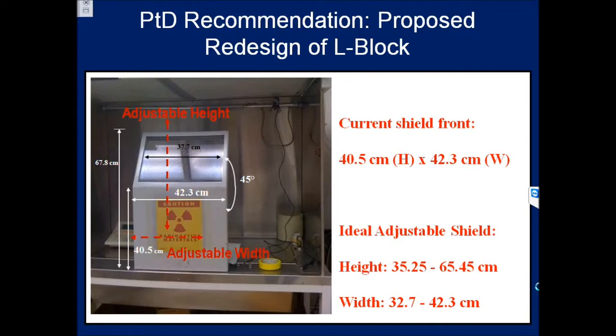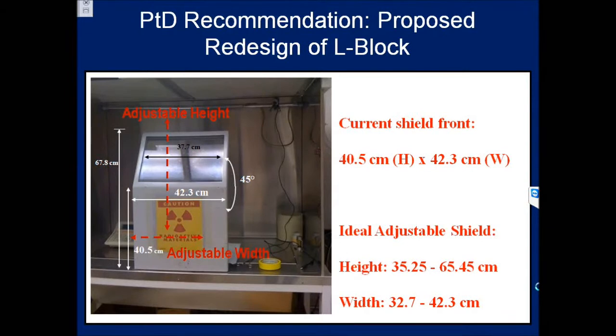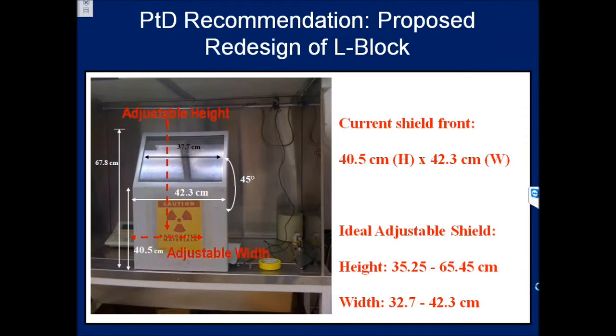The current shield was 40 centimeters by 40 in height. So from here up to about the way the window was, and then the window slanted, and then you had another distance up. And I used these concepts, and the width is almost the same as the average shoulder width, which I measured from here to here, and I should have measured from here to here. That was one of my limitations, and that's one of the things I would fix in the future: I would do a different shoulder measurement.